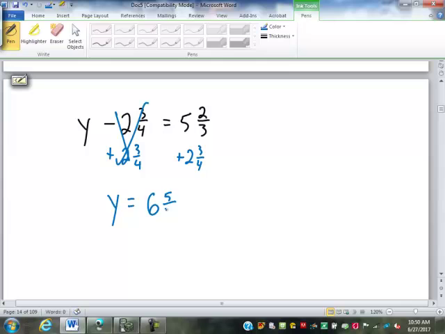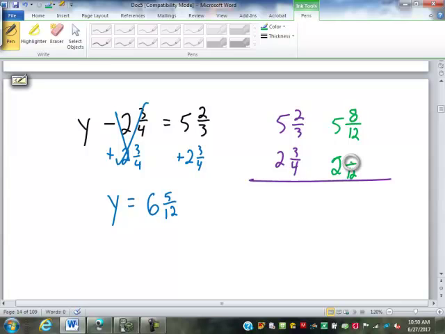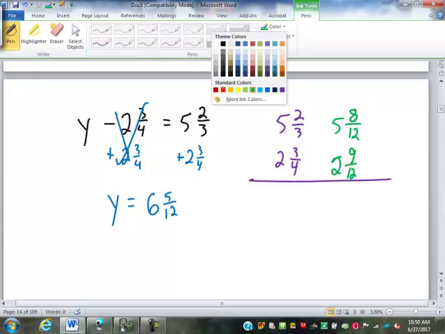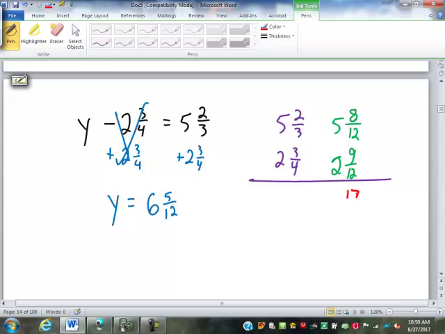Find a common denominator. You are correct. We do have to find a common denominator. And it is going to be 12. This is going to be 8, and this will be 9. 8 and 9 makes 17 twelfths, otherwise known as 1 and 5 twelfths.